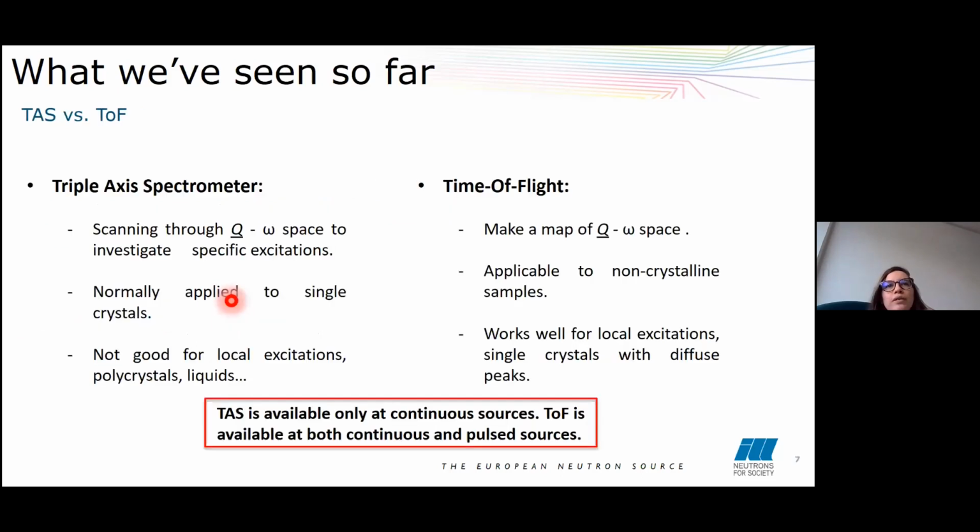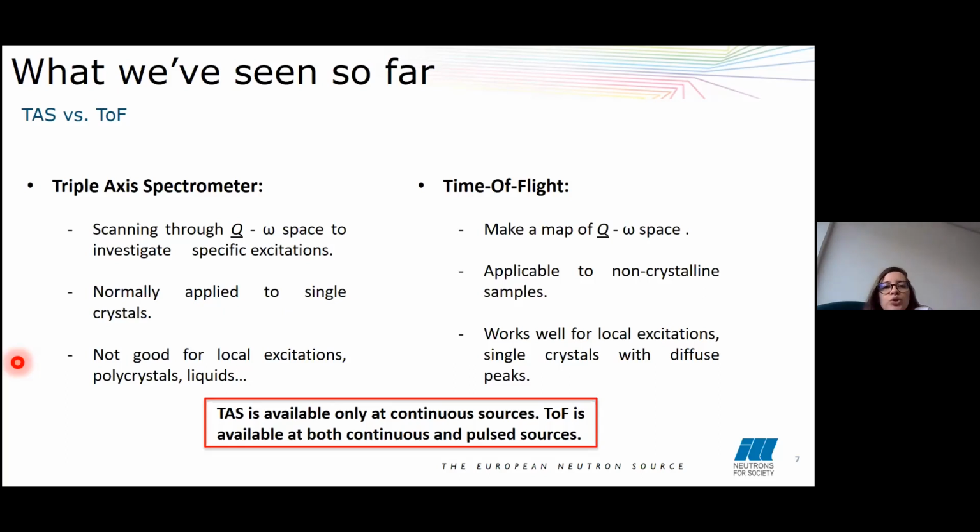So now going back to the techniques themselves, last week we learned about the triple axis spectrometer, which is the instrument of choice if a certain region in Q-omega is of interest, and if you want, for example, to make repetitive measurements with different parameters such as temperature, pressure, dopant concentration.